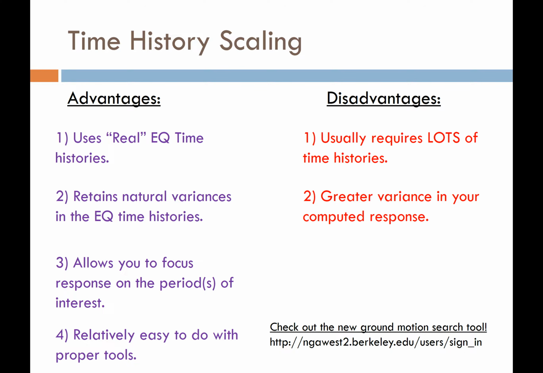And with that greater variance in the time histories, you can expect to get a greater variance in your computed response. And again, this goes back to this concern, because what if some of your models show your structure performs inadequately? What are you going to point the finger to? Is it poor design, or did it happen to be something in the time history itself or the ground motion? Was the ground motion unreasonably large? Who knows? And so it can be really difficult to find the culprit in these instances.